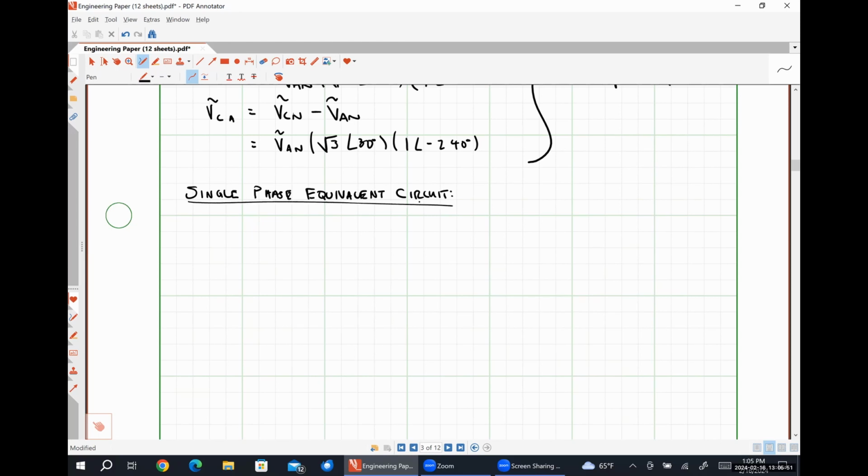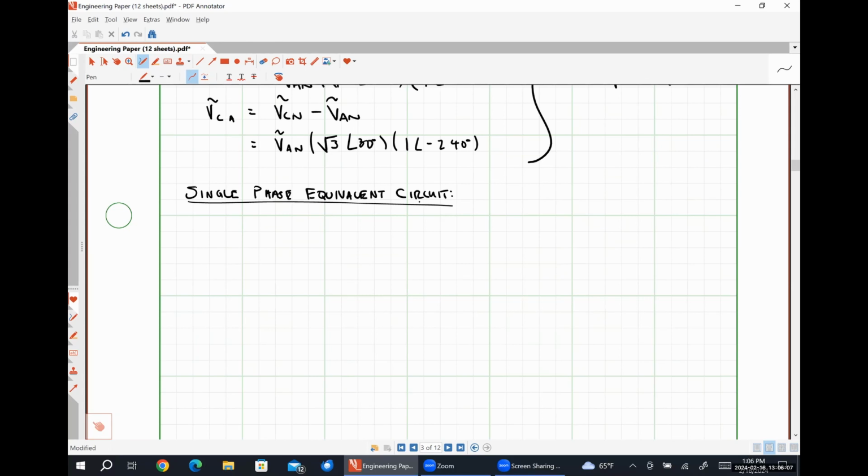We know that in a balanced YY system, the voltage drop across the neutral conductor is 0, and the current flowing through the neutral conductor is 0.